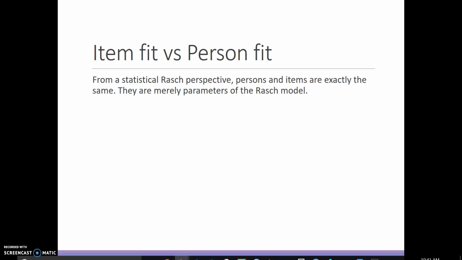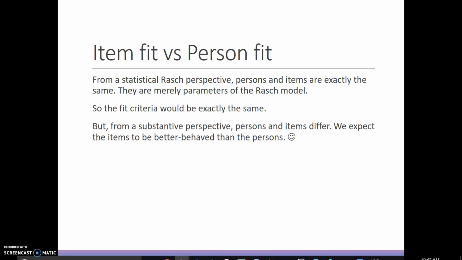So conceptually and mathematically, items and persons are exactly the same. They're just parameters in the Rasch model. No preference is given to one versus the other. So the fit criteria should be exactly the same. But from a practical perspective, we know that these differ. Specifically, we expect items to be better behaved than people.